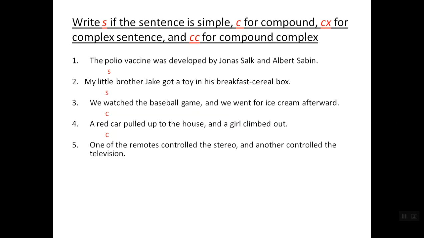The second subject is another. The first verb is controlled. The second verb is also controlled. And there is a coordinating conjunction between them. Controlled is mentioned 2 times, so we have 2 verbs. So it is a compound sentence.